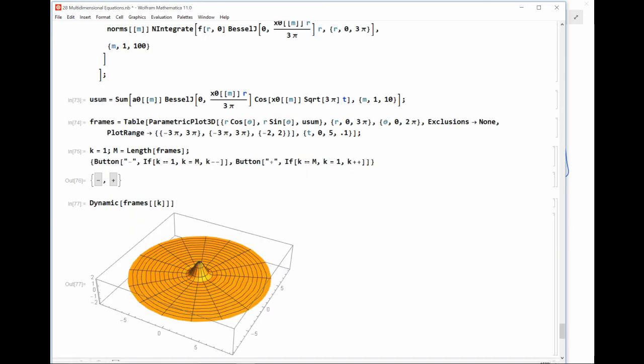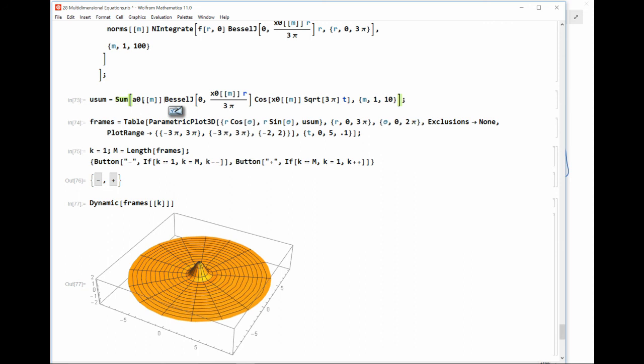So here what I'm doing is I'm taking the mth coefficient. This double bracket is the array indexing operation in Mathematica, very much like parentheses in MATLAB or brackets in C++ and Java.